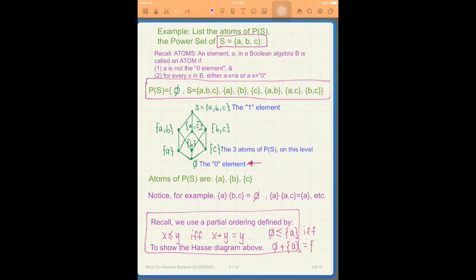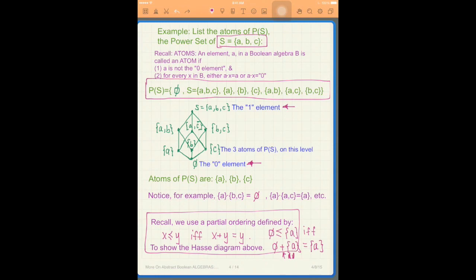Yes. When you do an or, the empty set or the set A, remember in the power set, you're doing a union. So this really just means union here for that part. So you get back x plus y is equal to y. So this is how I'm getting the ordering. And you can do that for each of them, by the way. But we've seen this Hasse diagram, and this is how you draw it out here. So the zero element is down below, and the one element appears up here on top.